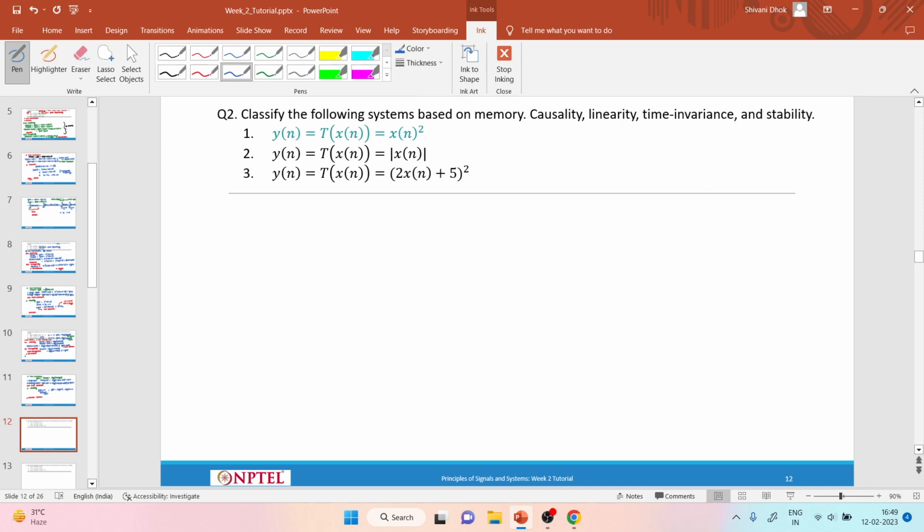For this, if you look at x of n, we can observe that the current value of output is depending only on current input. This means that my system is memoryless and it is causal.